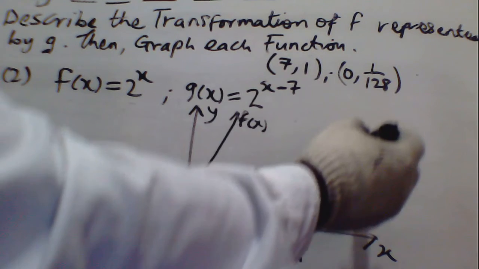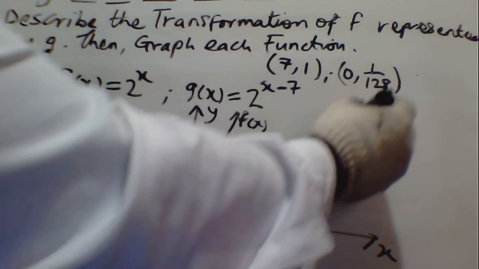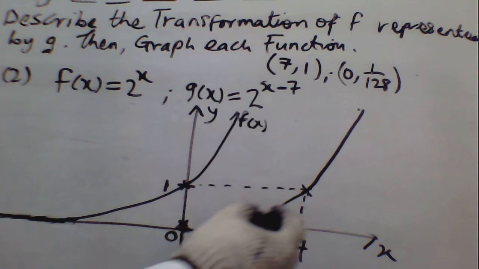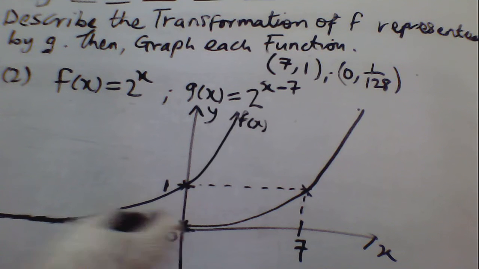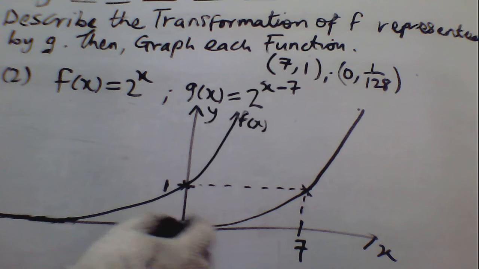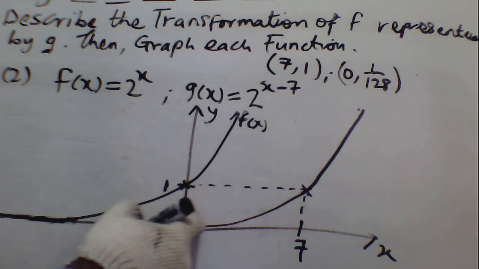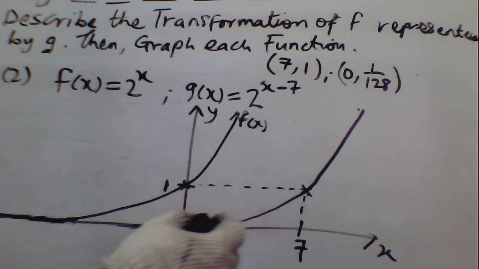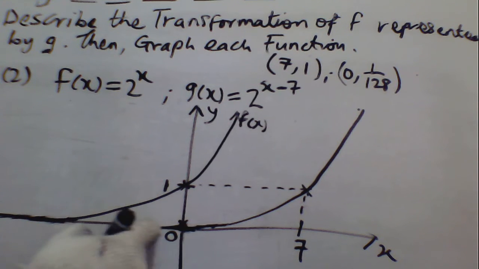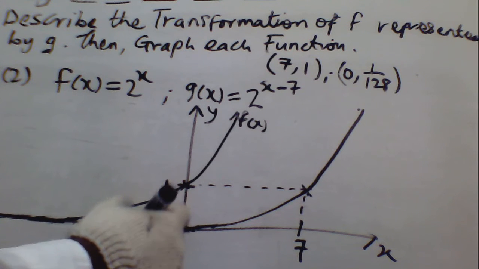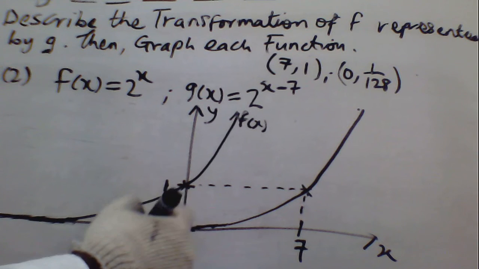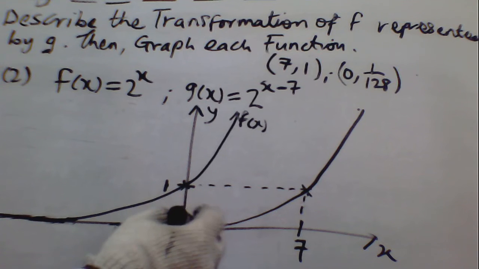So if you put your curve, you can draw a smooth curve. This is how it's going to be. So this is how it's going to look like. The curve, so somewhere here.